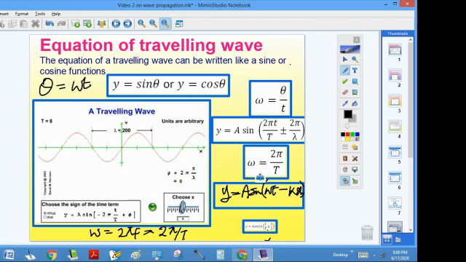Taking the form A sine wt, which is A sine(2 pi over capital T multiplied by t), using wt is the same thing, since angular frequency is the same as 2 pi over T. Also k, as a typographical error here shows x, there must be s there. This 2 pi over lambda stands for the wave number.